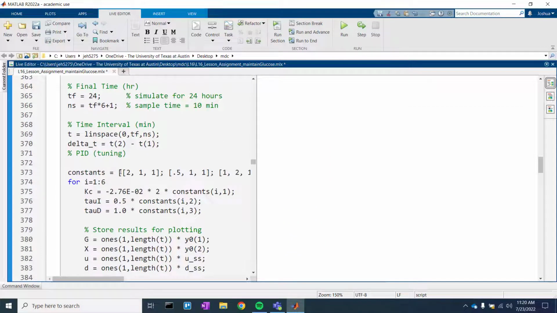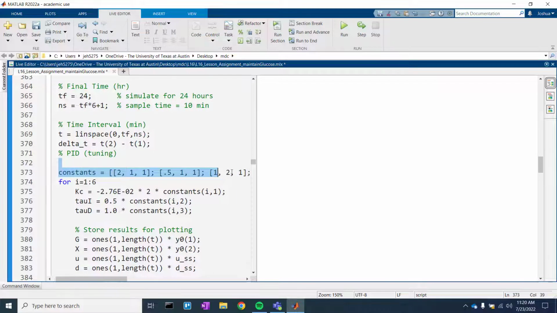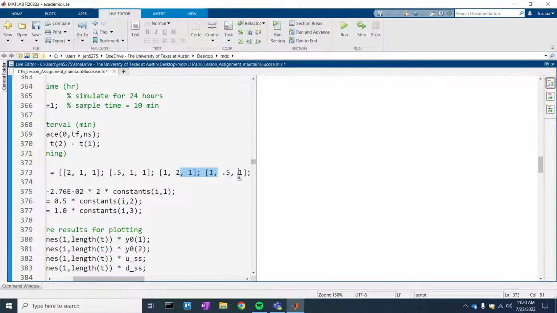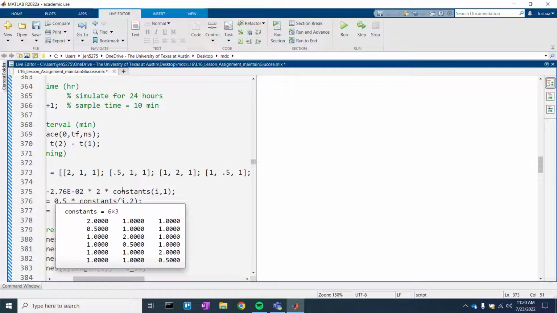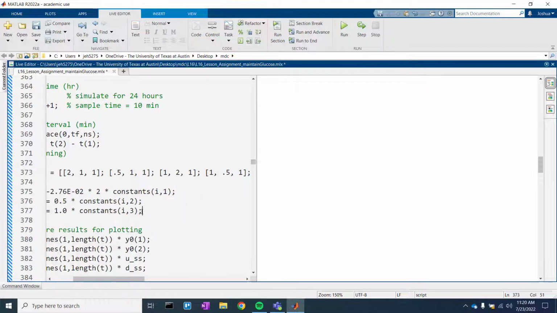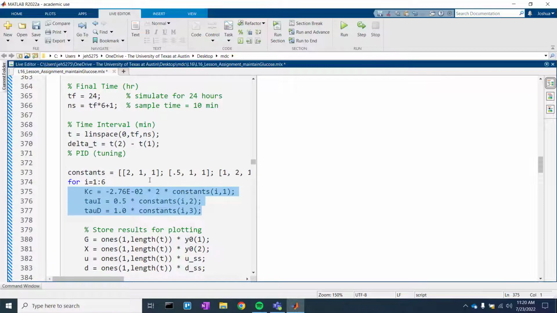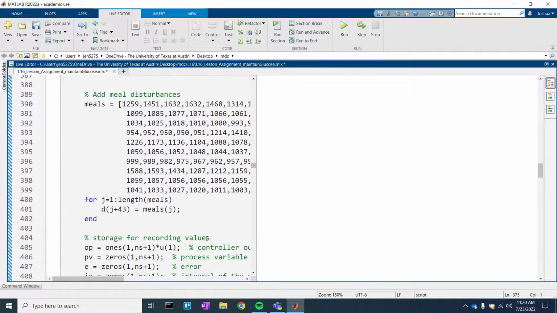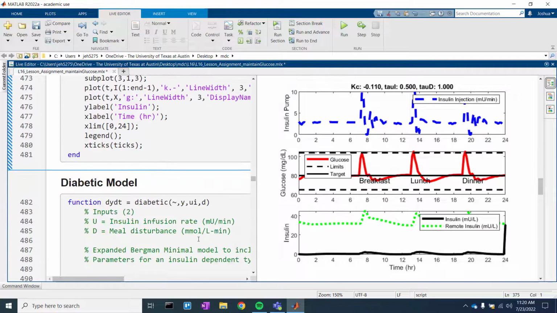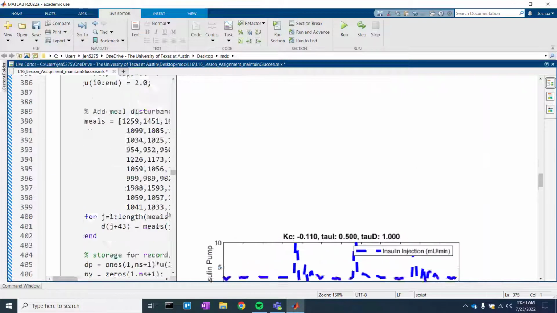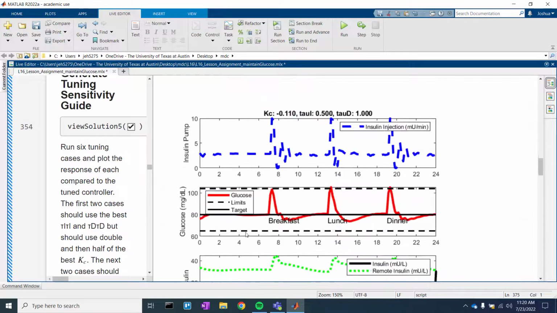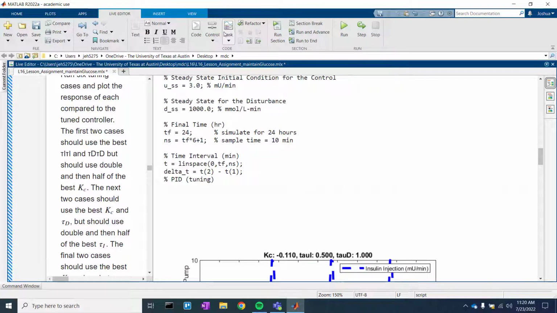So you'll see we just set the constants here to 2, 1, 1, 0.5, 1, 1, 1, 1. And what we're doing here is changing what everything is multiplied by. We multiply our constants by that value for each of these 6 cases. Then we simulate the cases as before, and then we plot them. So we have 6 of these plots, you can see, and we'll go ahead and run it, just to make sure we have the most up-to-date values.